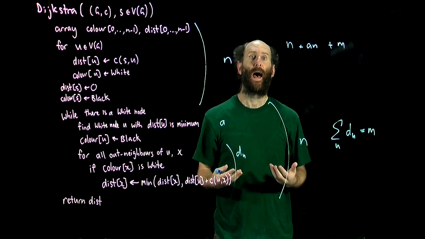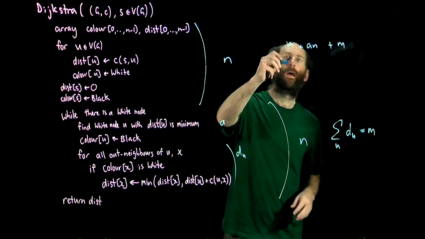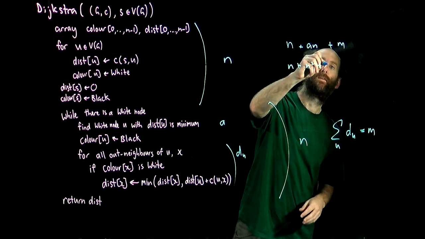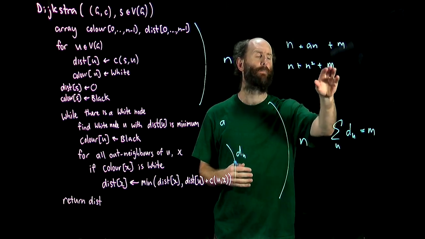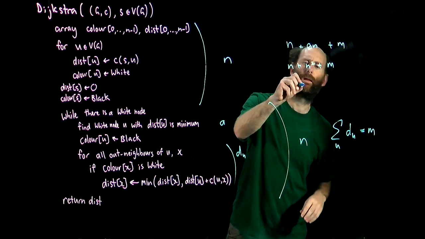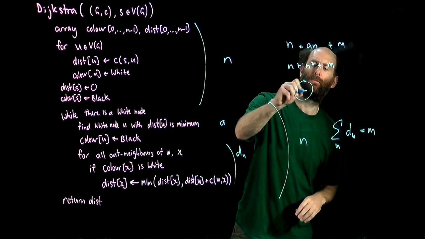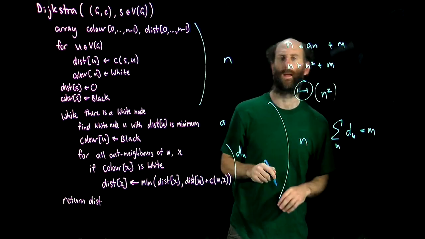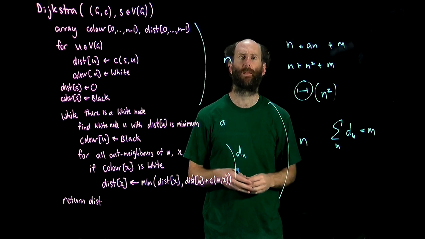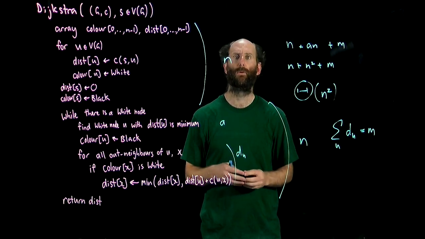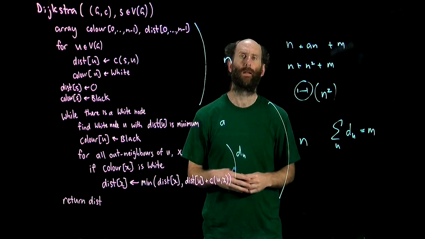That means that A is n, and we get n plus n squared plus m. And since m is somewhere between 0 and n squared, overall we'll get this form of Dijkstra's algorithm as big theta n squared. It should be clear that we can be a little bit smarter about quickly finding this closest node u, and so improve the running time.